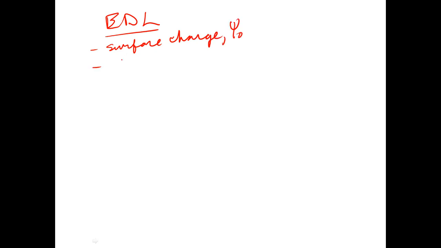So let's review a little bit. We've got the electrical double layer, EDL, consists of the surface charge. The stern layer. These are kind of anchored ions, usually potential determining ions.